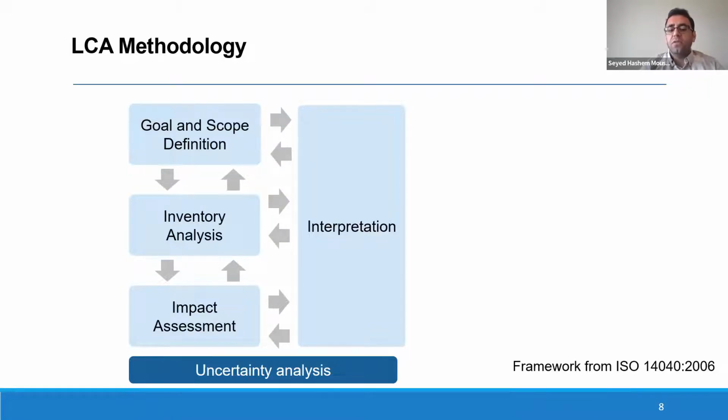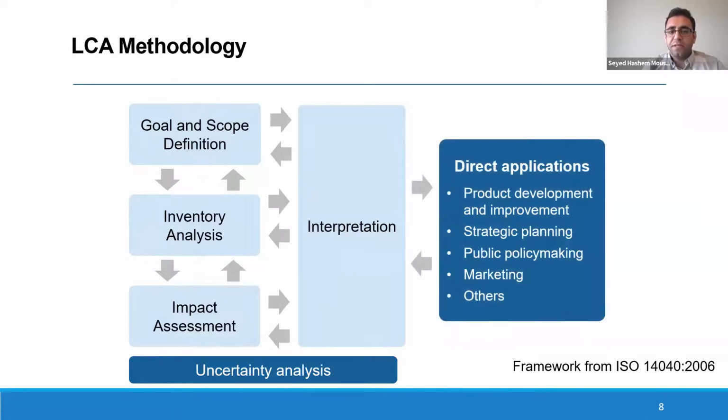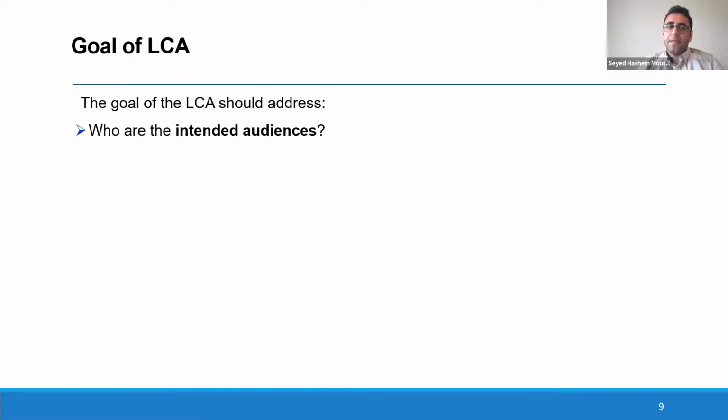In that case, there is an uncertainty in the results, and we do the uncertainty analysis using different techniques, and those are not in the scope of my presentation, so I won't talk about those here. Some of the applications of LCA include product development and improvement, strategic planning, public policy making, and marketing.